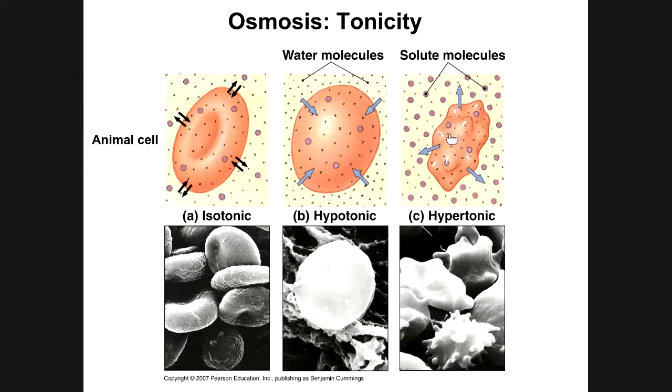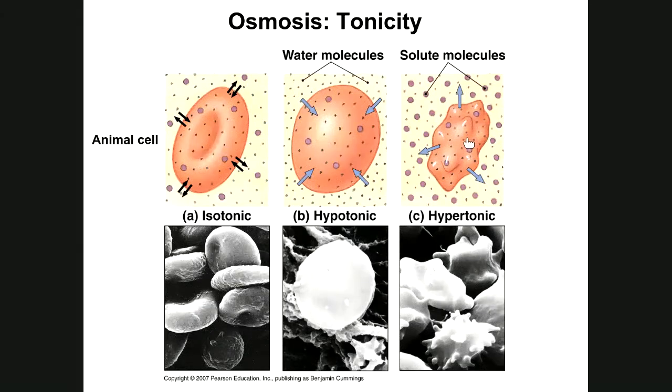Therefore, water in the ICF moves across the cell membrane, the semipermeable membrane, in the direction of the higher solute concentration. If the ECF solute concentration is high enough, this could cause a cell to shrink or shrivel. So again, the hypertonic solution is the ECF, meaning it has a higher solute concentration than is in the cell.